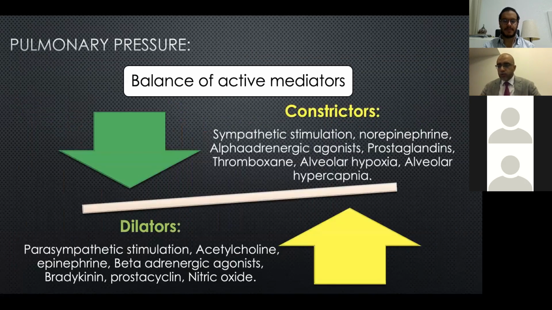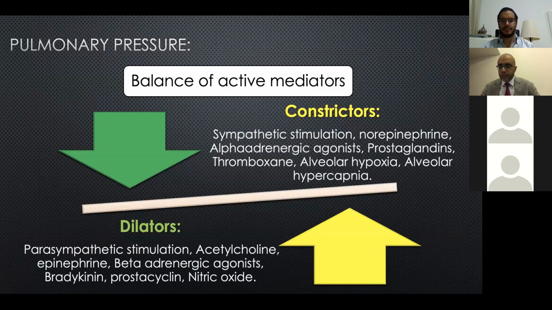The second most important point for the pulmonary artery pressure coming from the active mediators. As in general circulation, there is a lot of factors that causing constriction and dilators, and the balance between these two factors, the constrictor and dilators, give us the sum towards either constriction or dilation. And in case of pulmonary vessels, dilators working a lot more perfectly.